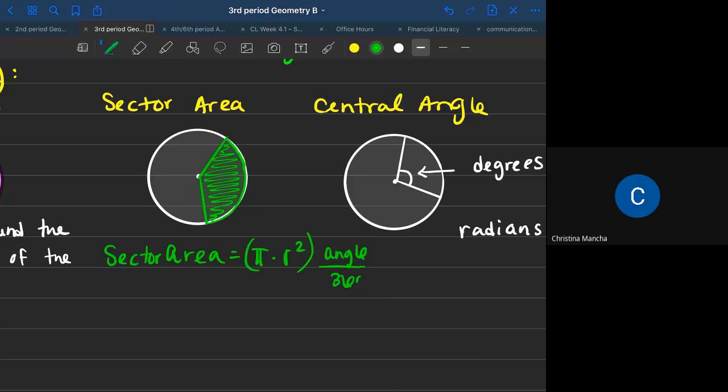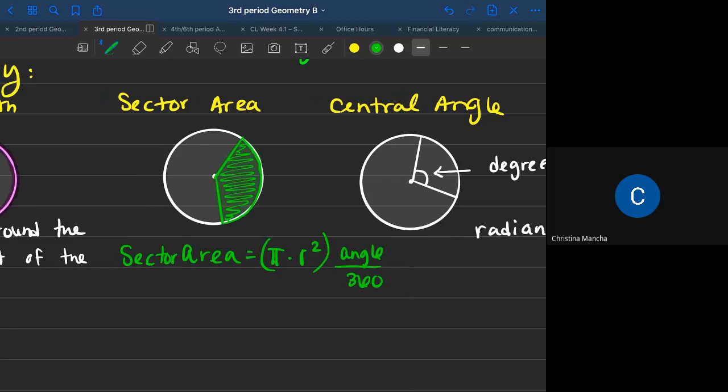The other one is if we had radians. Here we would say one half times pi r squared times our angle.